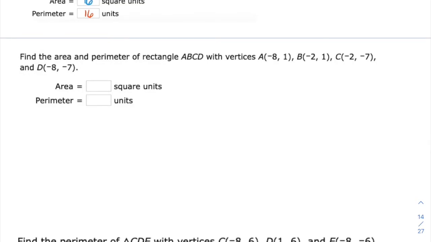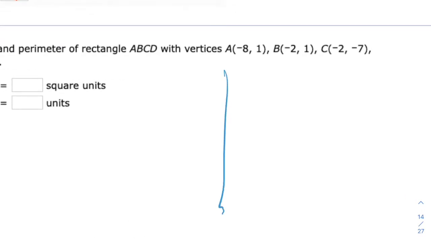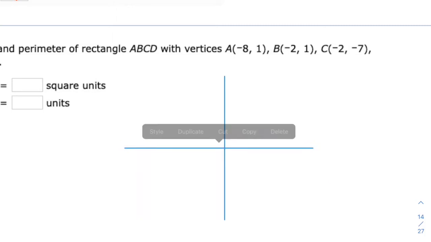let's do the area by hand then. We can sketch a graph here. Let's take a look. Let's do a sketch. Here we have -8, 1 for A. For B, we have -2, 1.